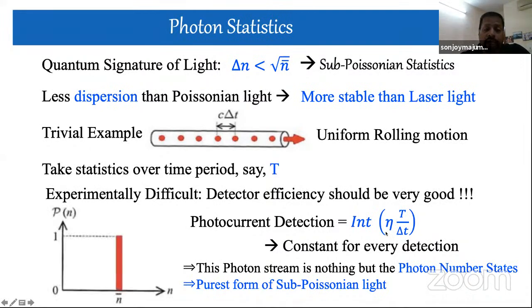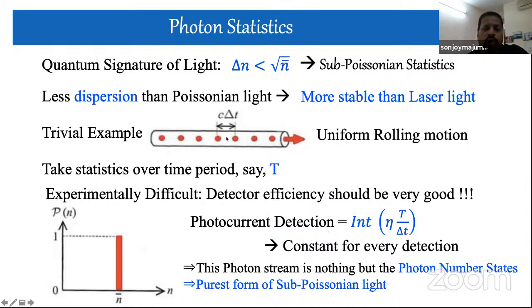In this simple trivial scenario, if you want to see the statistics, you will see that your photons are coming in particular values only. There will not be any other variations, only a particular value of n over a time period t.